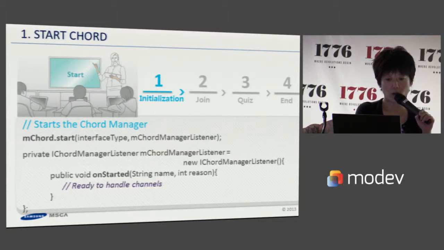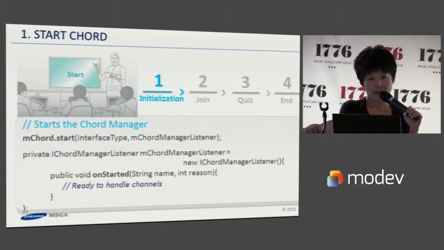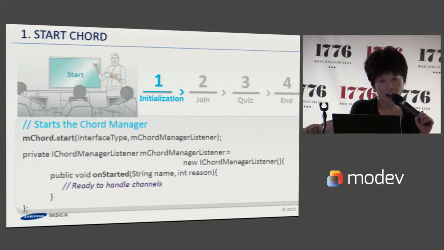So we simply call ChordManager's start function with the interface information. And we can define a ChordManagerListener to detect other devices that will participate in our communication. So IChordManagerListener onStarted is invoked when the ChordManager starts correctly. At this point, we're ready to handle different channels.